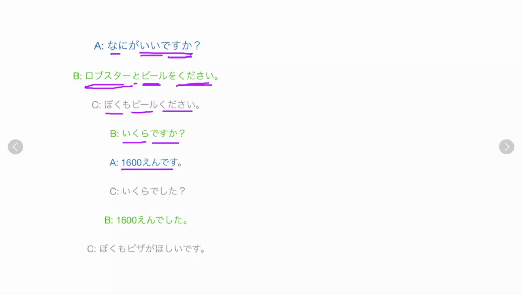C asks then, because C wasn't paying attention, C asks of B, ikura deshita? How much was it? And B tells them, 1600 yen deshita. It was 1,600 yen. And then, boku mo pizza ga hoshii desu. And then it's like, oh, I also want a pizza.